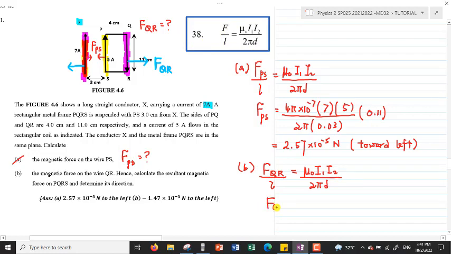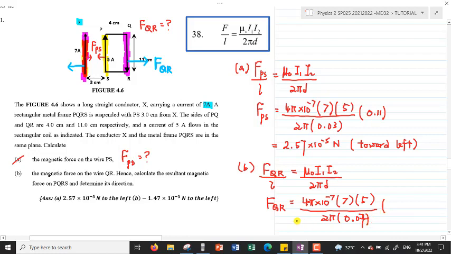So we are going to have μ0 I1 I2 over 2πd, over the length, so we're still using equation 38 in our list of equations. So force QR will be μ0, 4π times 10 to the power of -7. Current I1 in wire X is 7 ampere. The current in QR is 5 ampere, over 2πd. The separation between wire X and wire QR will be 3 plus 4, 7 centimeter. 7 centimeter is 0.07.